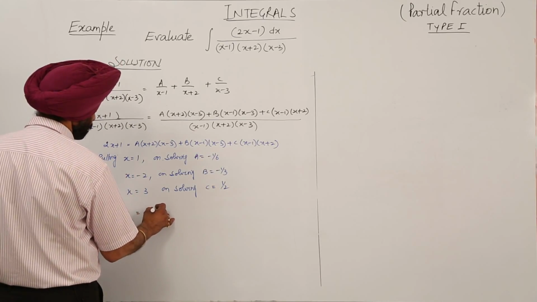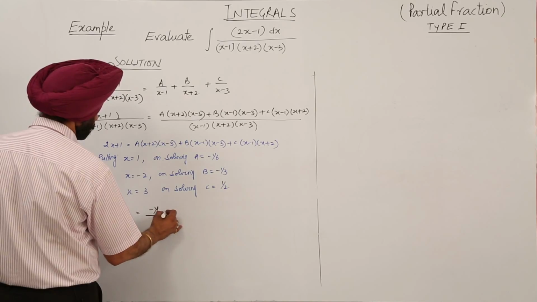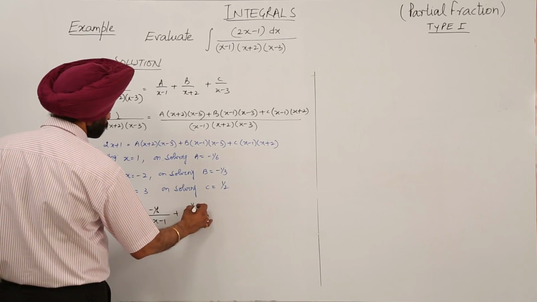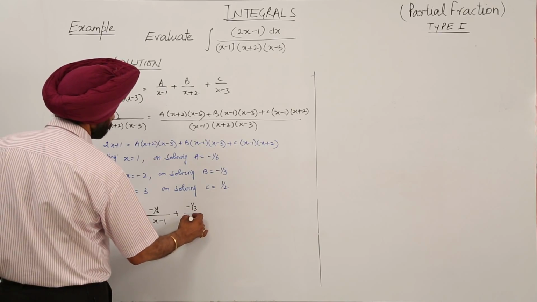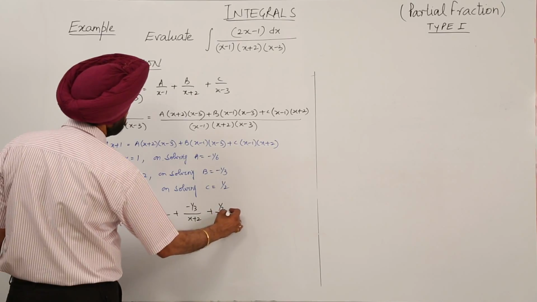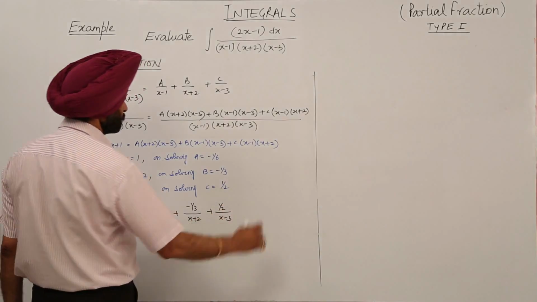So we are having minus 1 by 6 upon x minus 1 plus minus 1 by 3 upon x plus 2 plus 1 by 2 upon x minus 3.